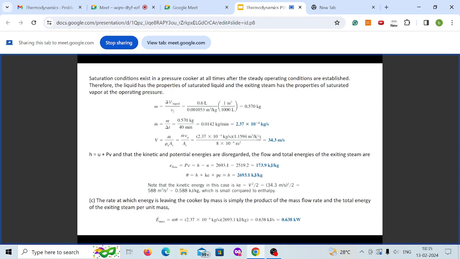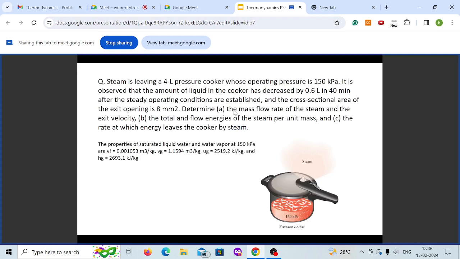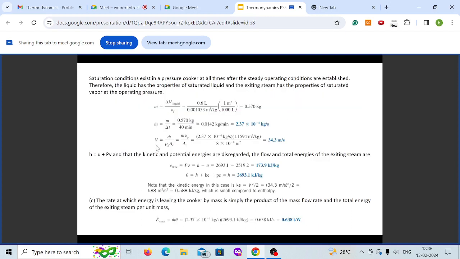Then we have to find the velocity at which the steam is coming out. The first one was the mass flow rate of the steam, which we have found. Now the exit velocity: m dot will be rho into area into velocity. The steam coming out of the vessel is saturated vapor, so the density corresponds to the saturated vapor.